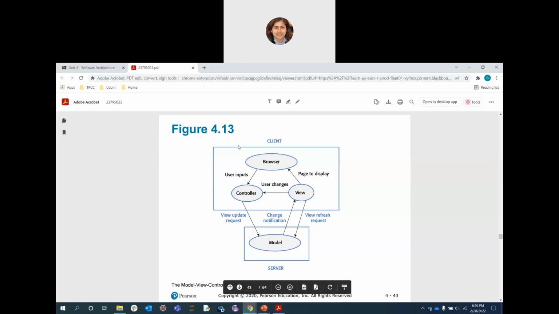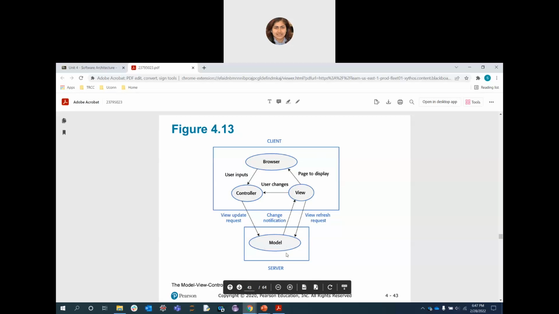Those three elements are your model, your view, and the controller. This is done to separate the internal representation of information from the ways the information is presented to and accepted from the user.